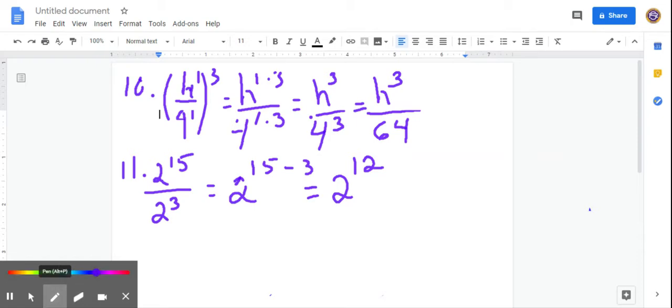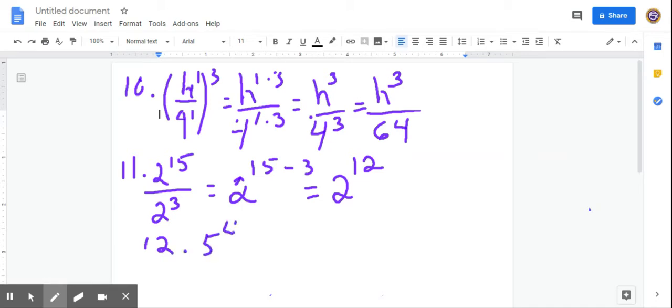Number 12 is 5 to the 4th power times 5 to the 5th power over 5 to the 6th power. So you've got a couple things going on here. In your numerator, you have multiplication, and in your denominator, you have division.